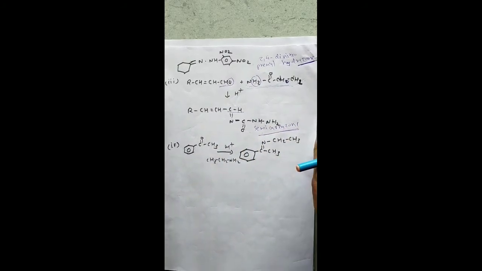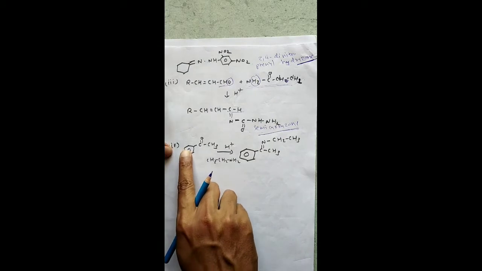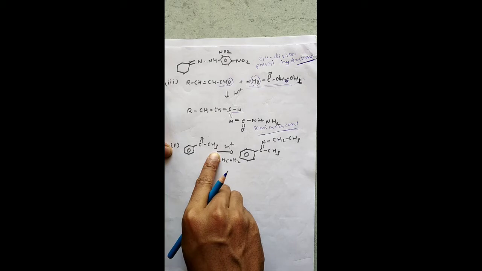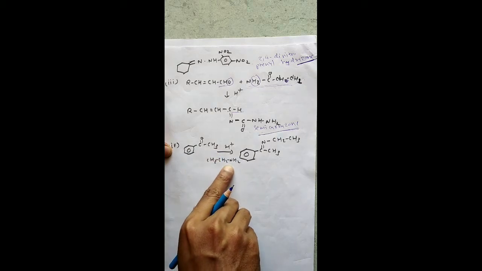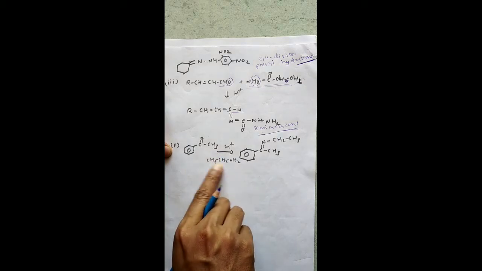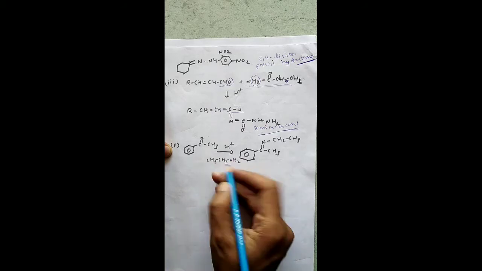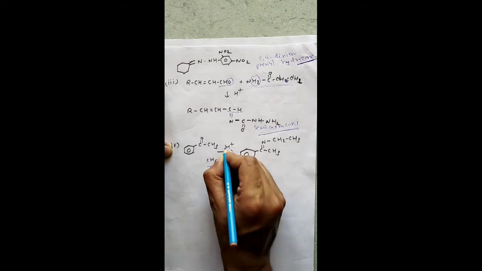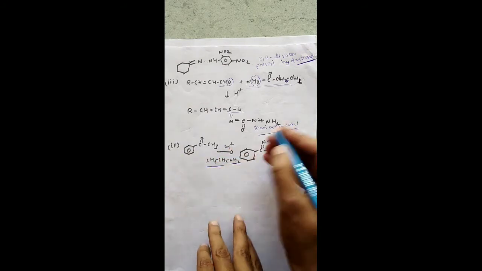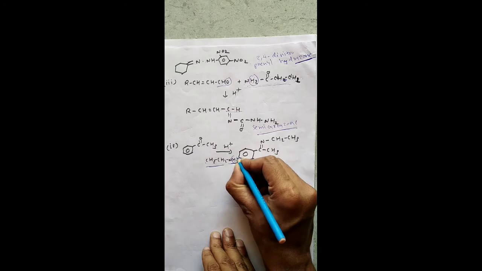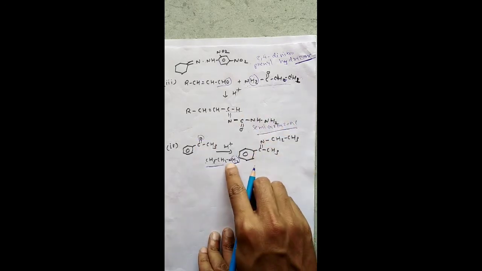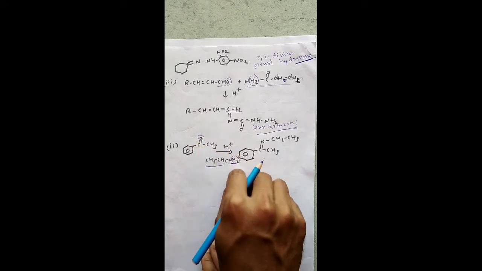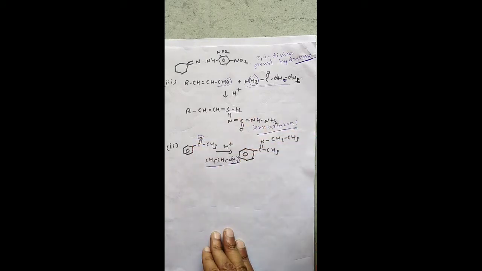Then the last one. On the benzene ring we have COCH3, so it is acetophenone. When it reacts with alkyl amine, this one is alkyl amine, ethyl amine, CH3CH2, that is ethyl, then amine, in presence of acid. Same method, H2 and O. On nitrogen we have 2 hydrogens and oxygen, they both will form H2O.